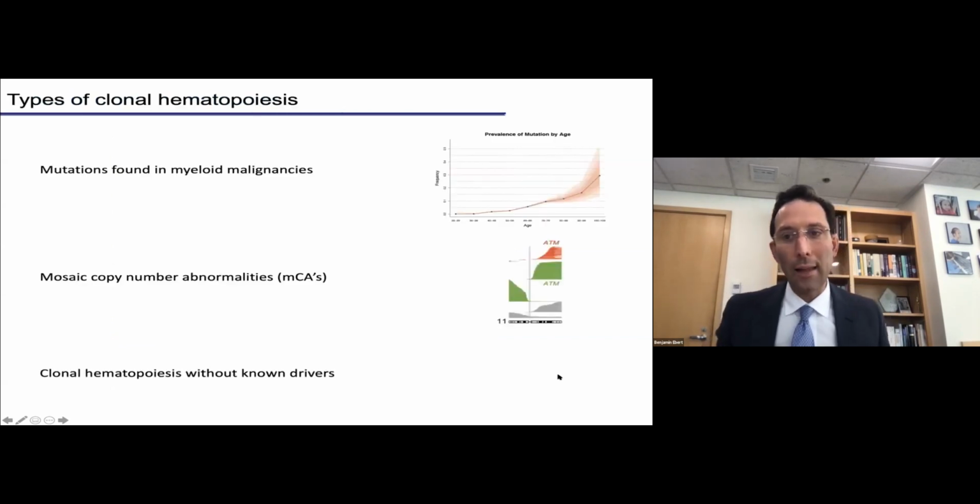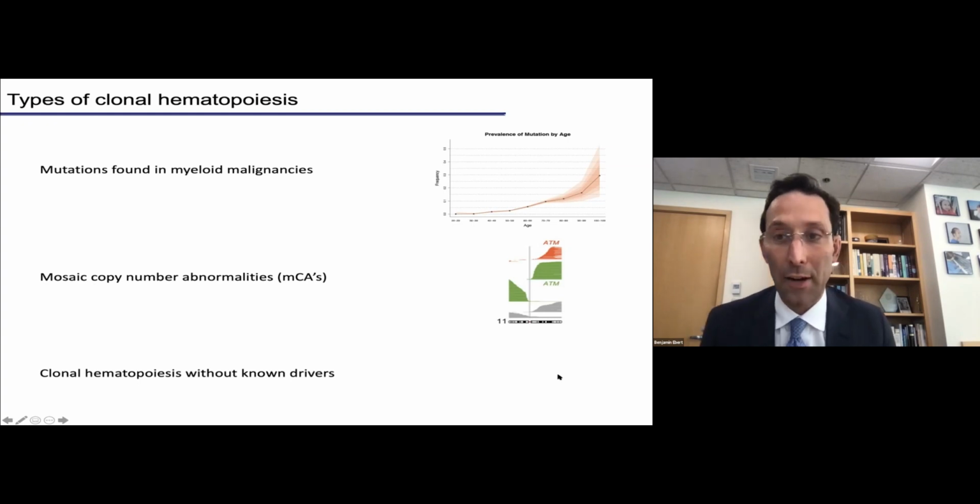Now, I wanted to highlight different types of clonal hematopoiesis and how they can progress to both myeloid and lymphoid malignancies. The field of clonal hematopoiesis is focused to date largely on point mutations or small insertions and deletions in individual genes associated with myeloid malignancies.